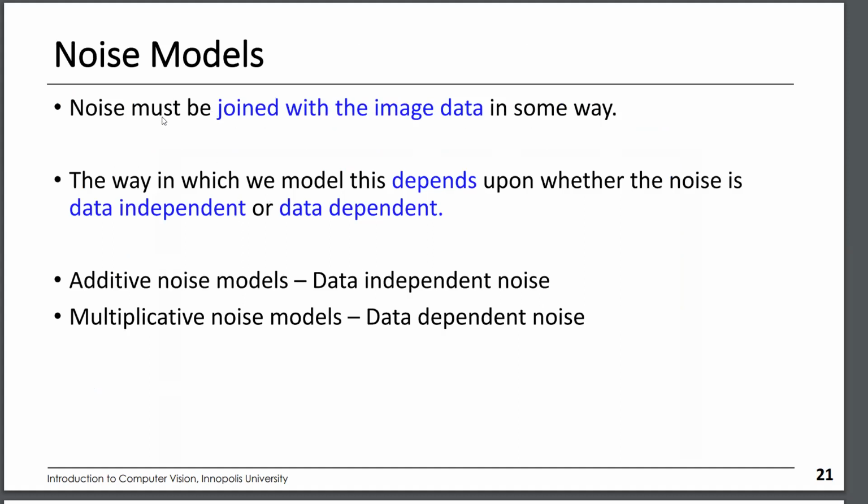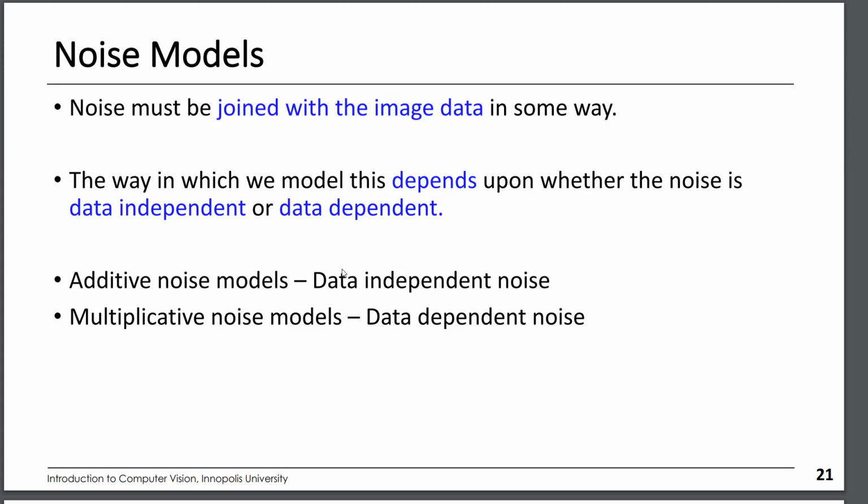Noise models. Noise must be joined with the image data in some way, either while we are acquiring the image or while we are transmitting the image. The way in which we model this depends upon whether the noise is data dependent or data independent. Meaning there are two main branches of noise that we could deal with.